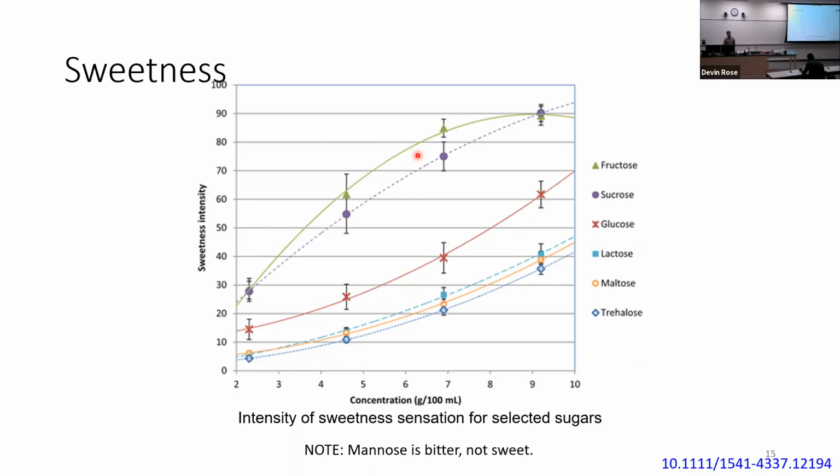And then sucrose, and then glucose, and then these other sugars, including lactose, that aren't very sweet. So that's another thing that you want to pick up from this graph: the relative sweetness of these different sugars. And then what we talked about at first, sweetness compression, these two sugars at the top, and then sweetness expansion, those sugars that have expanding kind of curves.